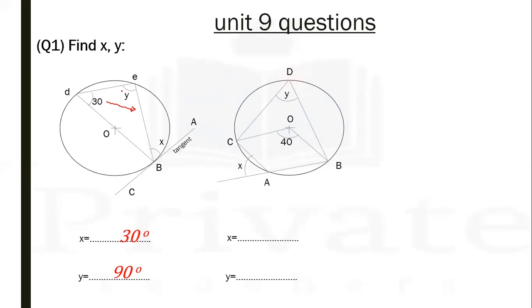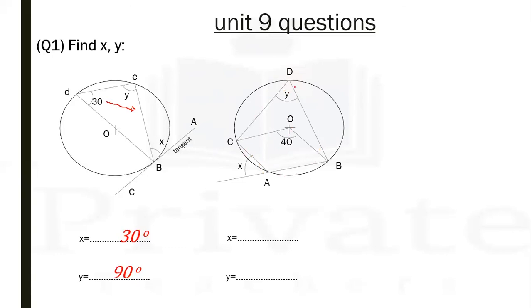Okay, moving on to this shape. Look at the points A, B, D, C. The point A is on the circumference of the circle, also B, also D, also C. So all the vertices lie on the circumference of the circle.